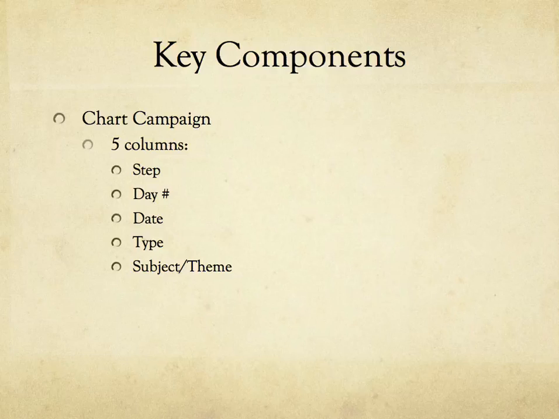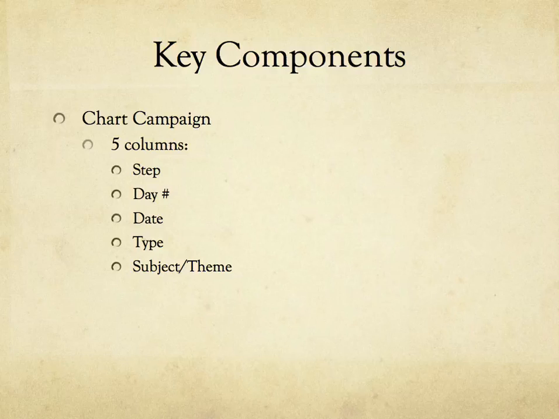But it's 5 columns. The first column is the step column. Now, the actual step column I use because it allows me to be clear where in the campaign I am on any given day. And then you can see that the very next thing here is the day number.